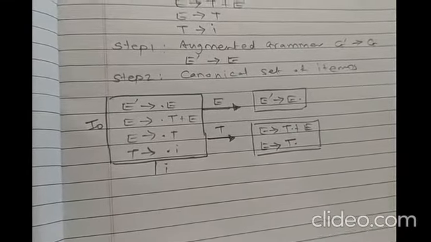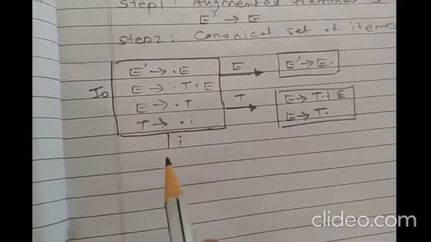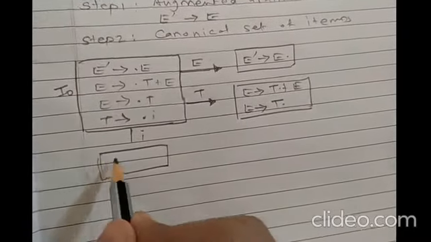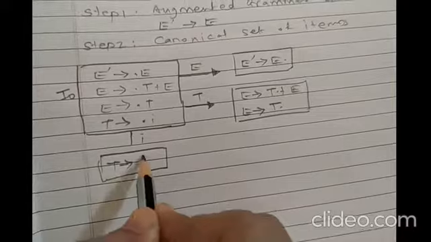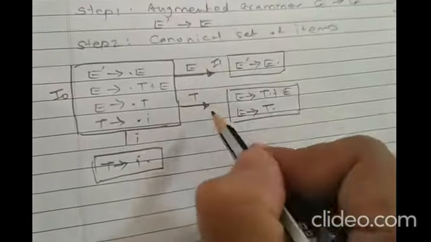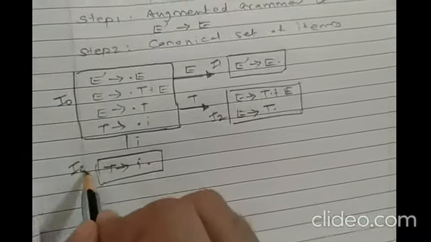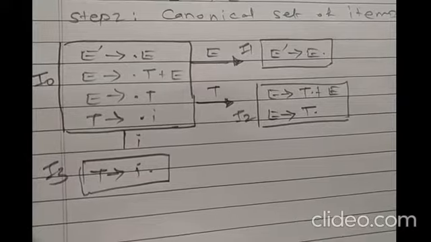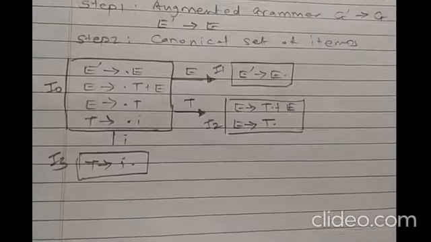Next transition we can have over the i. So with i we can have T tends to i dot. We'll just name these. This will be I1, this will be I2, and this will be I3. So in the first step we get 3 new states from I0.